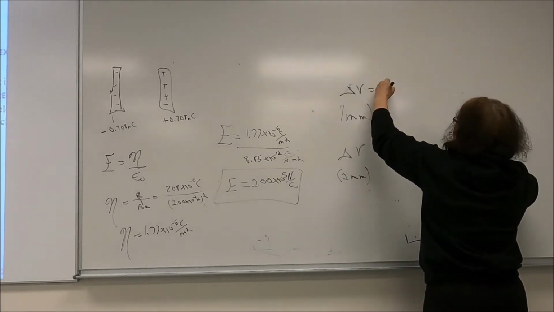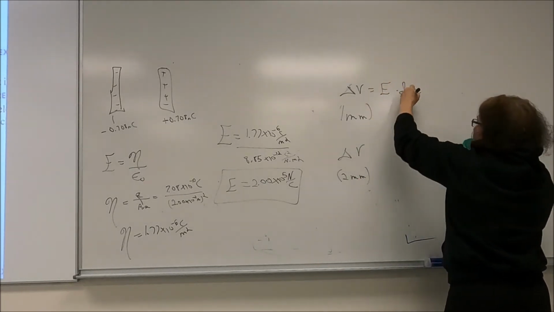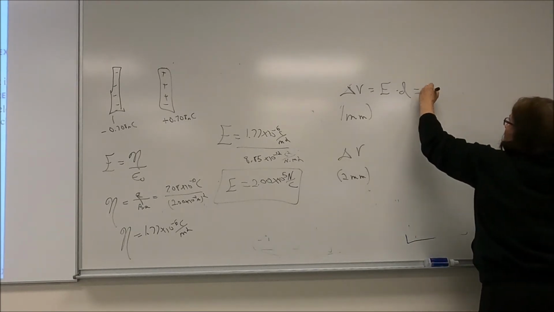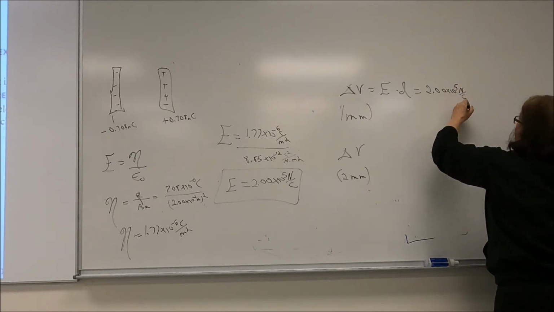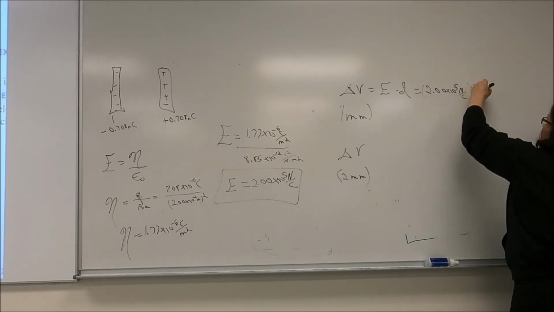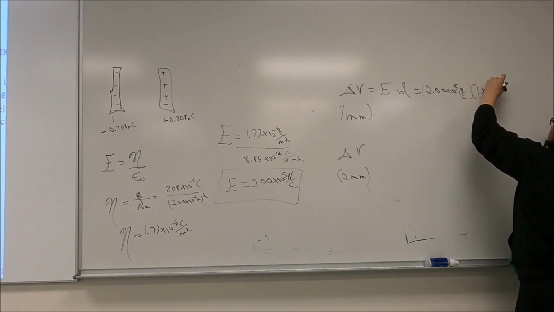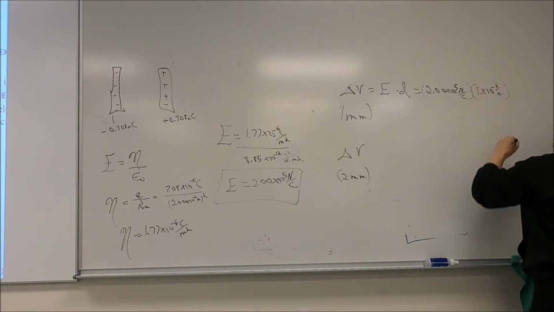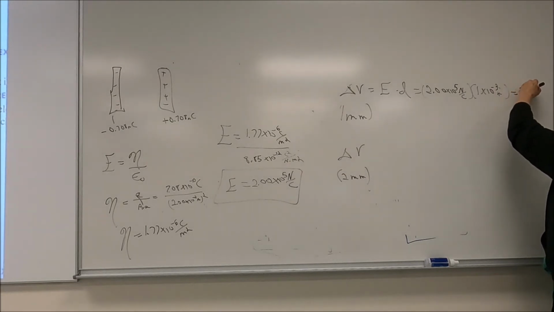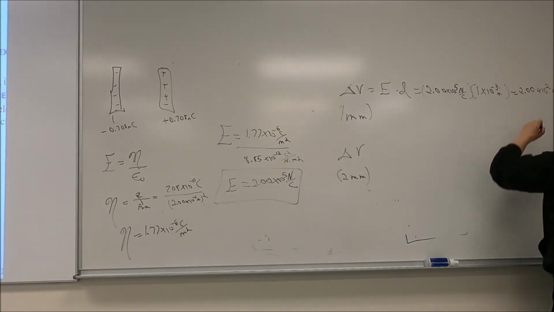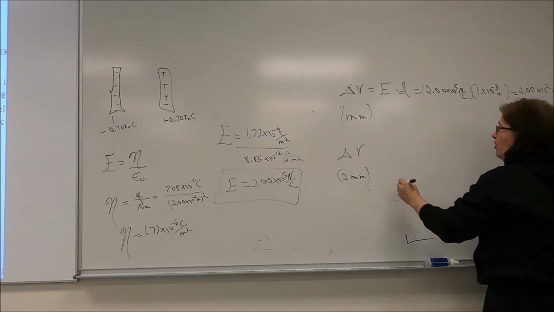Well, delta V equals E times D, so it's 2.00 times 10 to the 5 newtons per coulomb, and 1 millimeter is 1 times 10 to the minus 3 meters. So I would get 2.00 times 10 to the 2 volts, if I had a 1 millimeter separation.